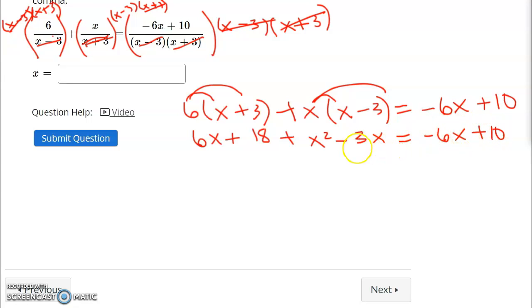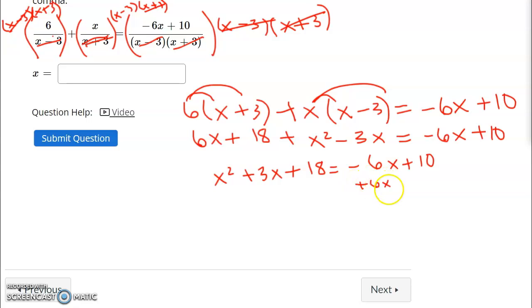Now right away, when I've got an x squared term, that tells me everything needs to be brought to the same side and set equal to 0. So I can combine the terms on the left first if I want. So x squared, positive 6x minus 3x, I'll be left with plus 3x plus 18 equals negative 6x plus 10.